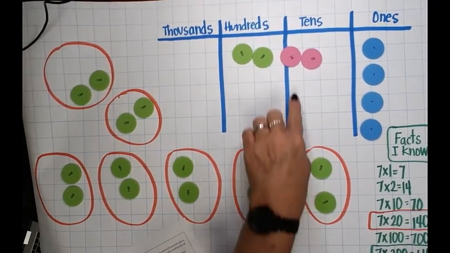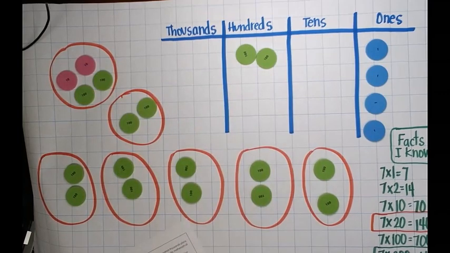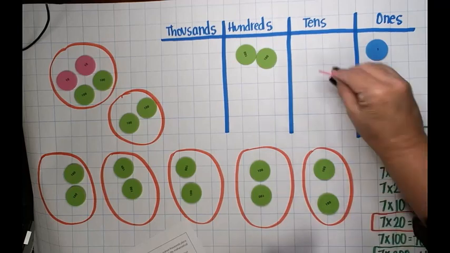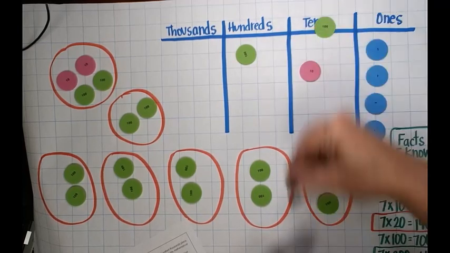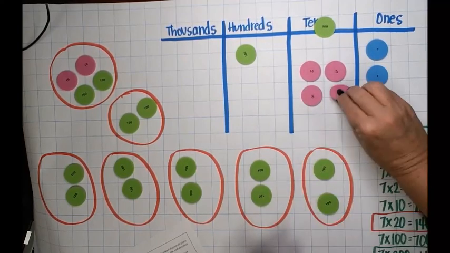So I have 20 right here, so I can put those in there. Uh-oh, I'm all out of tens again. But I do know that I can decompose this 100 into 10 tens. Put out 10 tens.